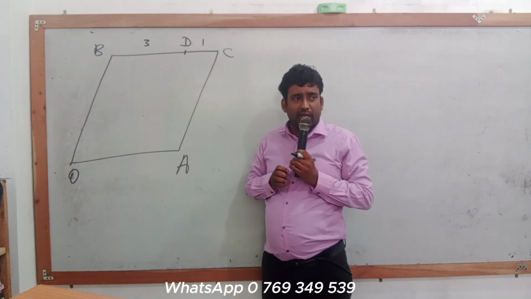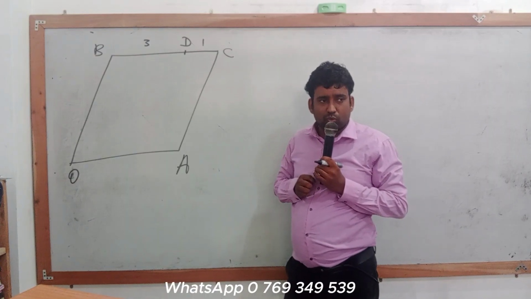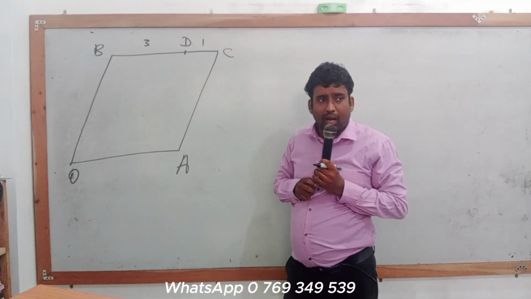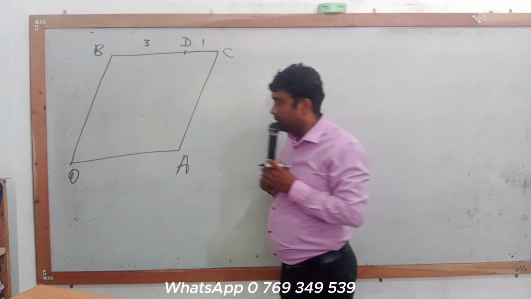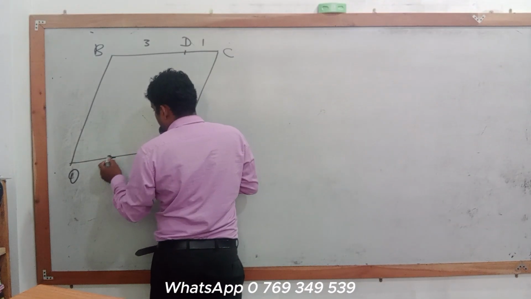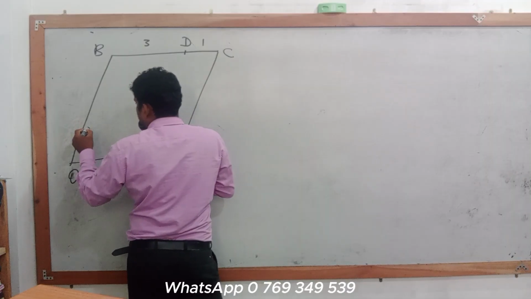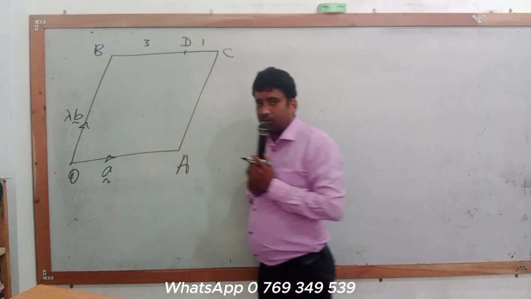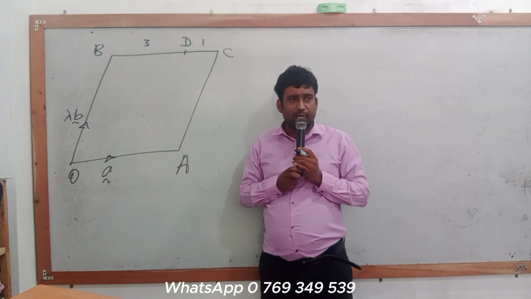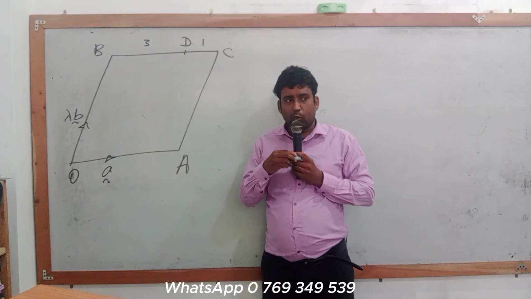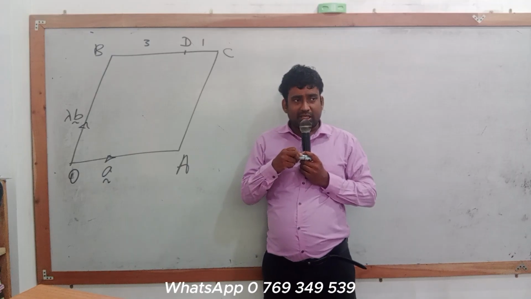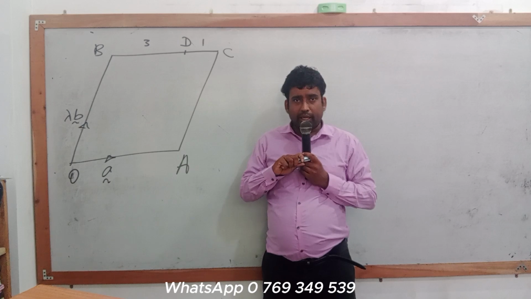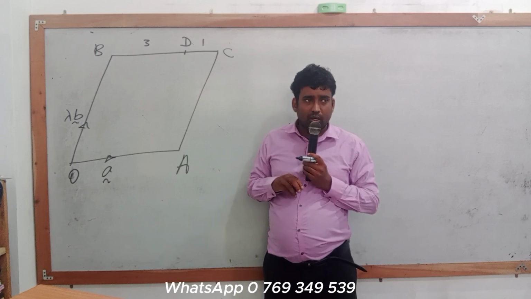The position vectors of points A and B with respect to O are a and lambda b respectively, where lambda is positive. This is a. This is lambda b. Express the vectors AB and OD in terms of a, b and lambda.